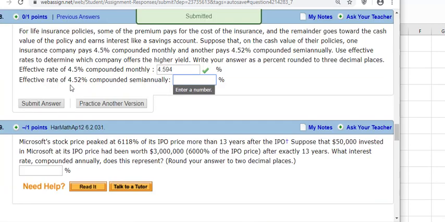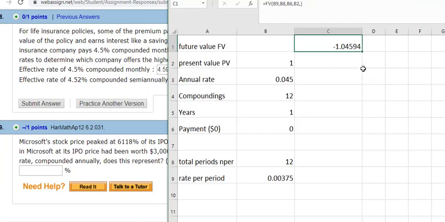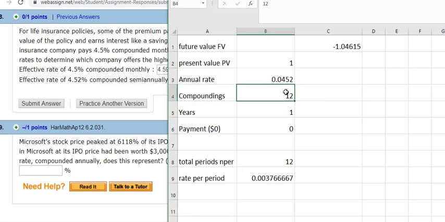Okay, 4.594%. Let's compare that to 4.52% if it's compounded semi-annually. So I'm going to go back. I still take $1, but now my annual rate is 0.0452. Compounding only twice per year, still for 1 year, so an effective rate, $1 for 1 year.